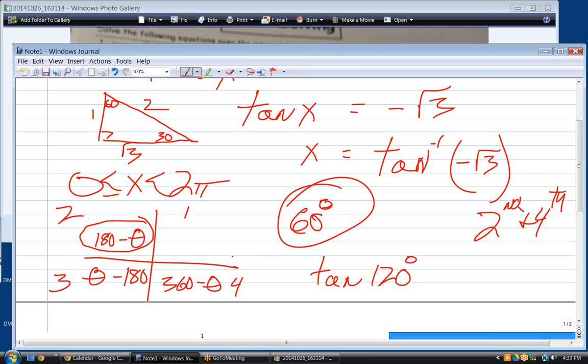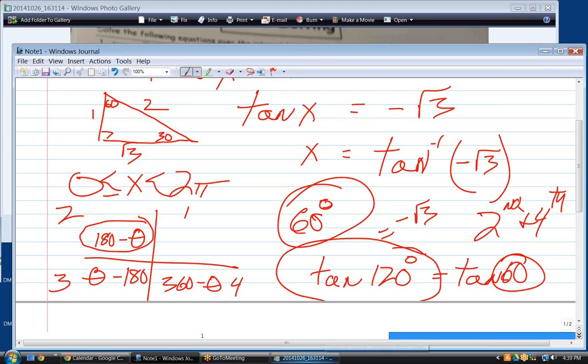Yeah. Making it the numerical equivalent of the tan of 60 degrees, because when you plug in 120 for theta, you get 60. Well, the tan of 60 is root 3. Therefore, the tan of 120, since it's in the second quadrant, has to be negative root 3. So 120 is one of our answers, but only one.